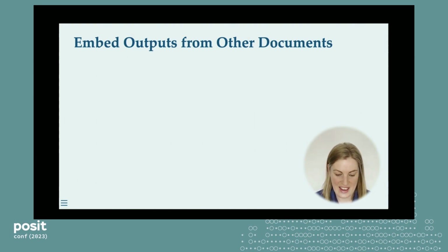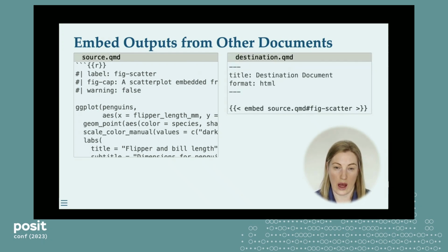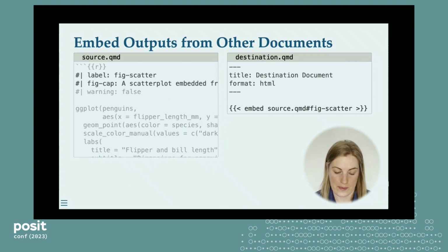Let's see. Here's that source document and the code chunk that generates the visualization. We'll need a way to identify the cell, so let's add a label. I'll call it fig-scatter. Then in the destination document, I'll use the shortcode. The embed shortcode requires a path to the source file, followed by a cell identifier.